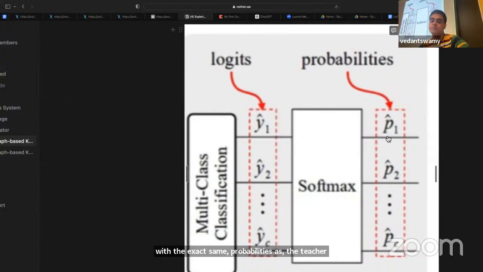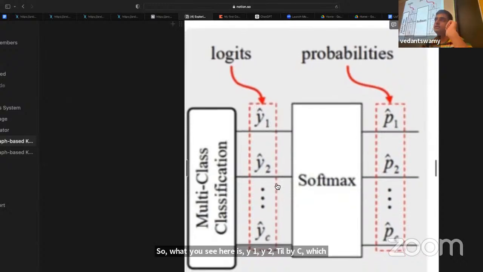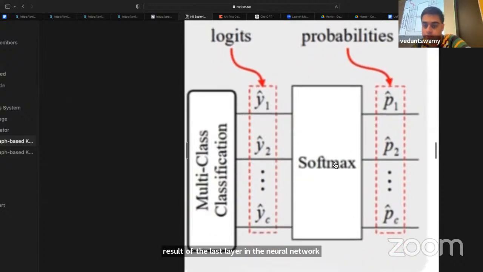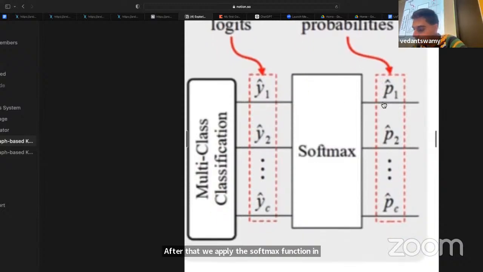So what you see here is y1, y2 till yc, which are the logits. These logits refer to the output that is produced by the last layer in the neural network. After that, we apply the softmax function in order to achieve probabilities for each of these logits, right?